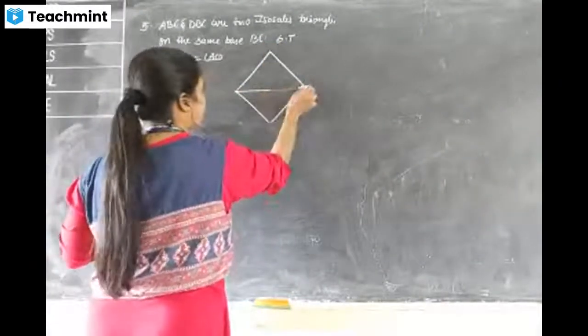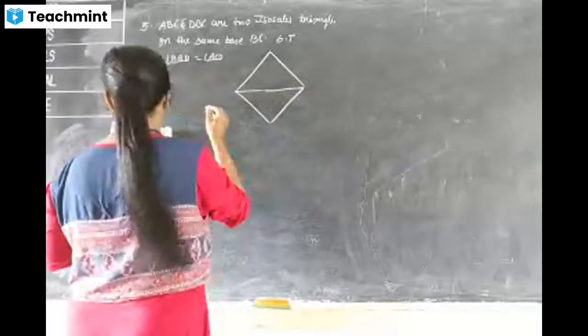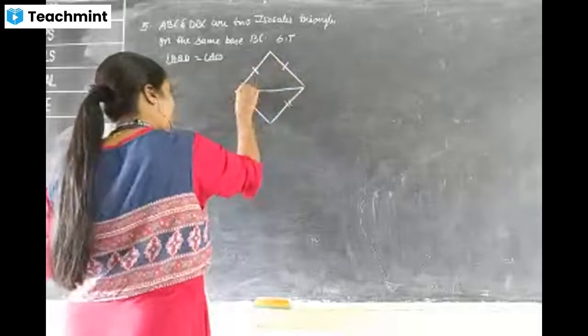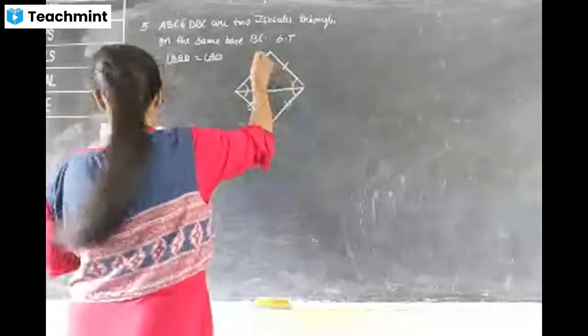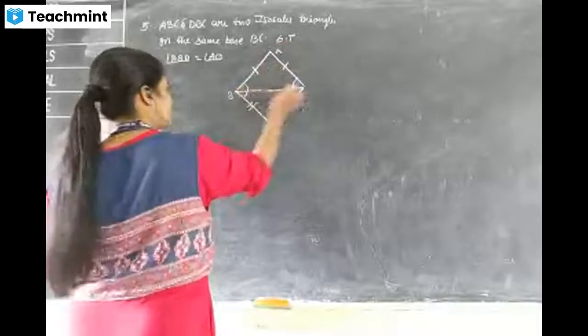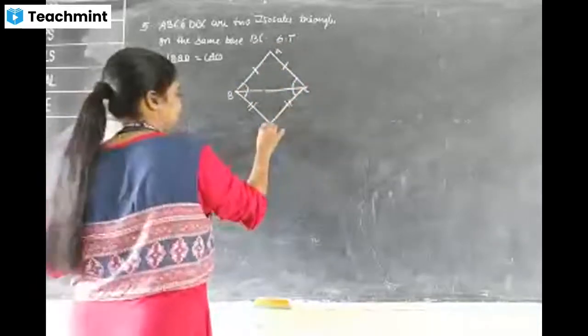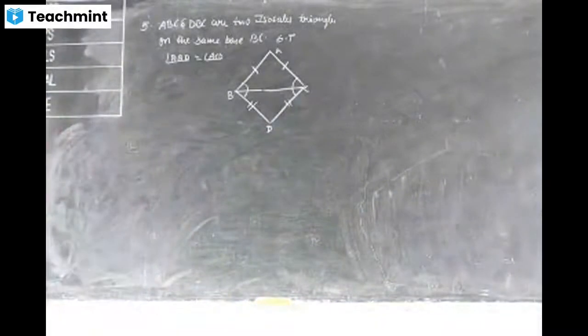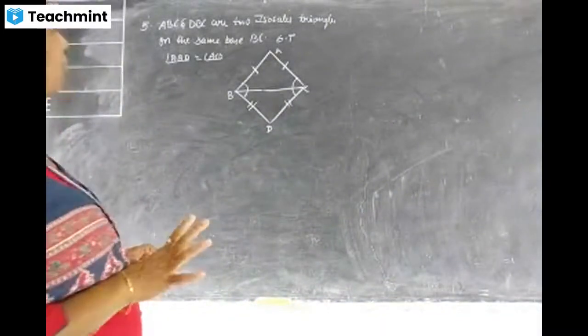This figure is given, okay? They said these two are equal, these two are equal, and this angle is equal. Naming is A, B, C, and this is D. This much is given. Now just look at the question.